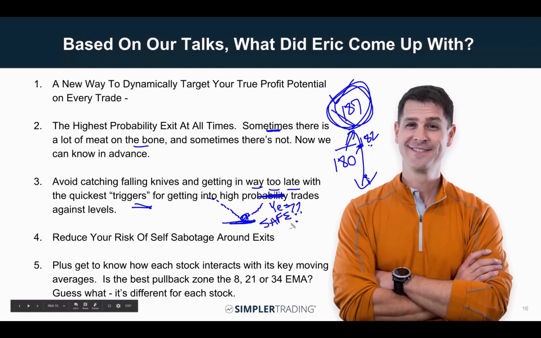Reduce your risk of self-sabotage around exits, okay? Good question. So what about a stock like JP Morgan? Yes, there are going to be times when you get into a trade and news comes out and it's going to hammer it. So we had a trade in JP Morgan where things were setting up, targets were fine, and then news came out that Italy was going nuts and the financials got hammered.